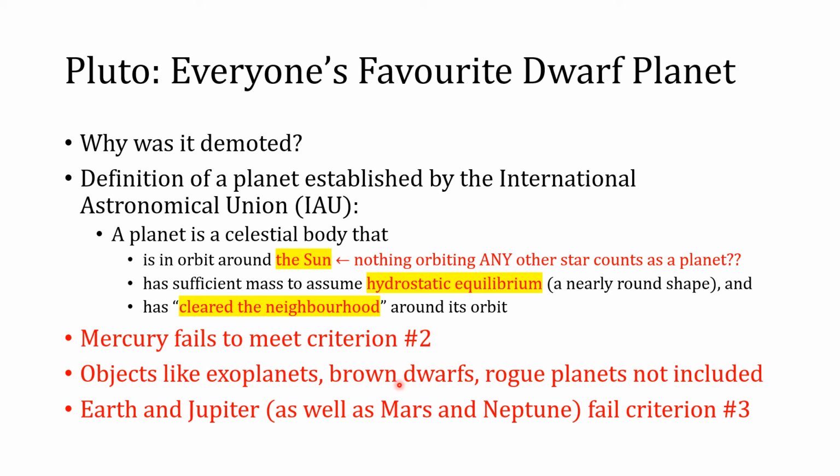My biggest problems with this one, just on a personal level, nothing against the IAU in particular: the first point gives me the impression of being a little bit rushed in that it says the sun instead of a star. And the third one looks like it's specific to Pluto.